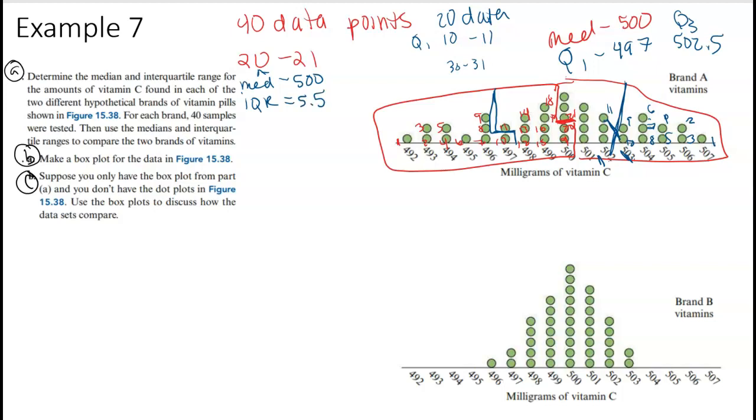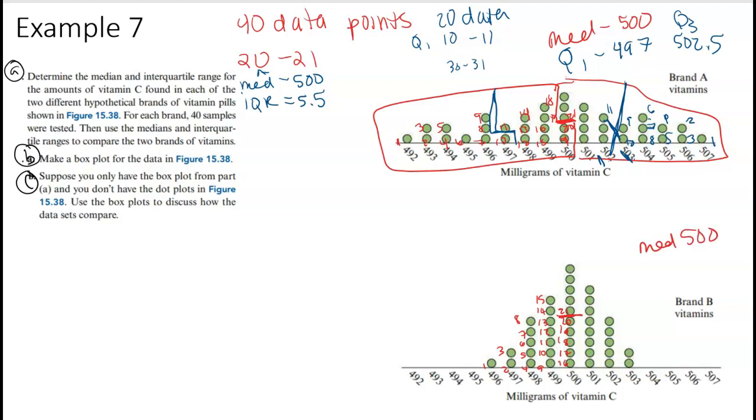Let's do B. All right, so same thing. 1, 2, because I'm coming from the bottom, I got to start at the lower dot. 3, 4, 5, 6, 7, 8, 9, 10, 11, 12, 13, 14, 15, 16, 17, 18, 19, 20, 21. There we go. Our median is 500. Interesting.